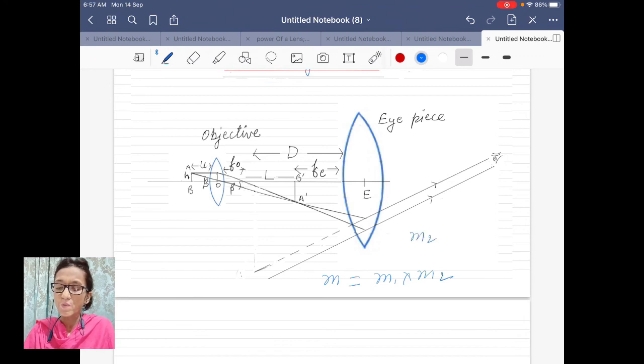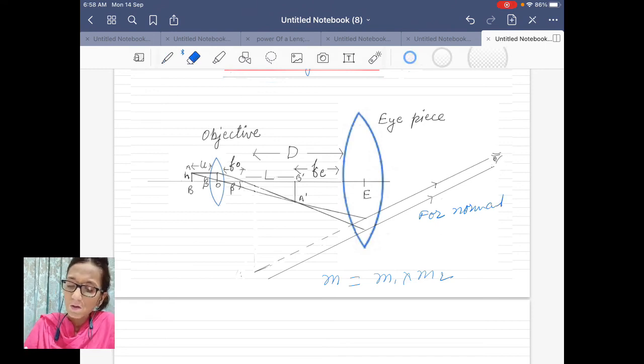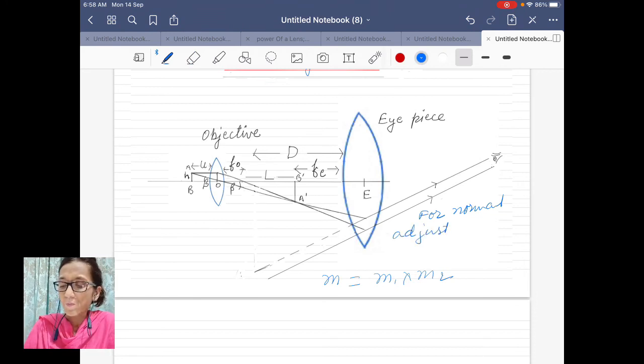Here M2 for normal adjustment, and normal adjustment is when the final image is forming at infinity.